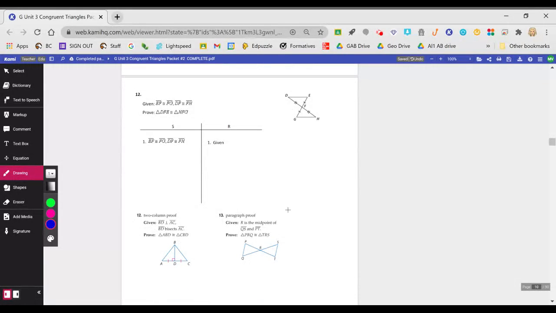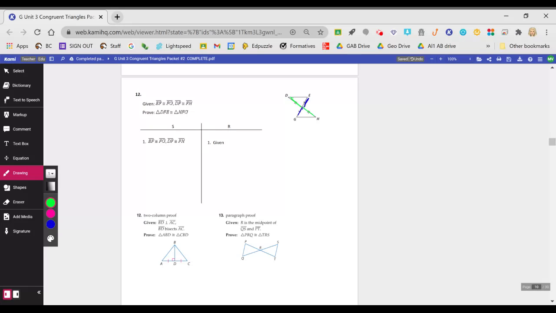Okay, so now let's walk through this proof together. So we know EF is congruent to FG, and we know DF is congruent to FH. So I have two sides. The question is, can I get another side or an angle?